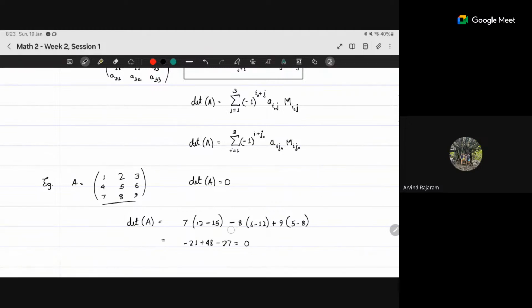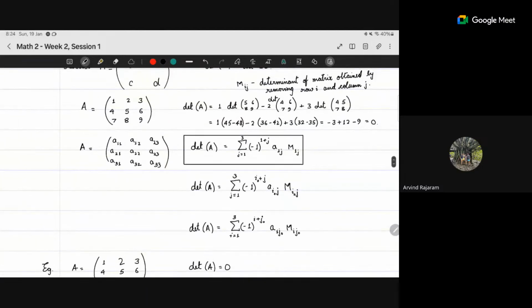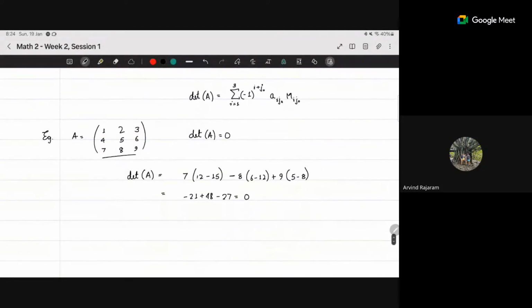I was mapping it to the first row operation where it is plus. Yes, the first row operation is a specific case of this formula. Got it.